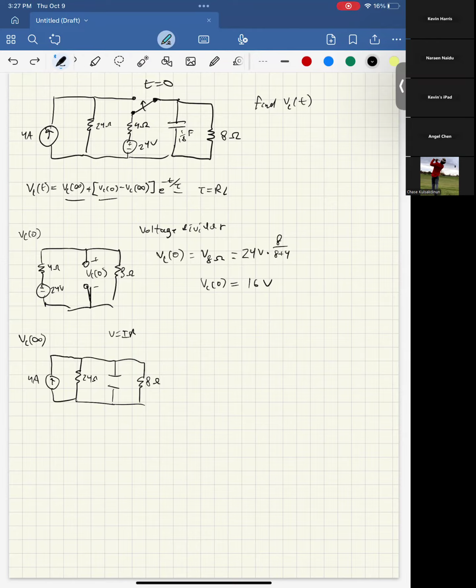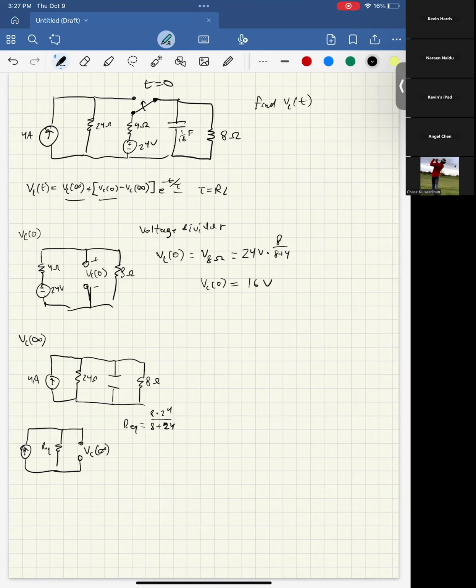Just to be different, I'm going to take these two in parallel. So we have the current source and some R equivalent, and VC of infinity is the same as the voltage across that R equivalent. R equivalent is going to be 8 times 24 over 8 plus 24, which is 6.